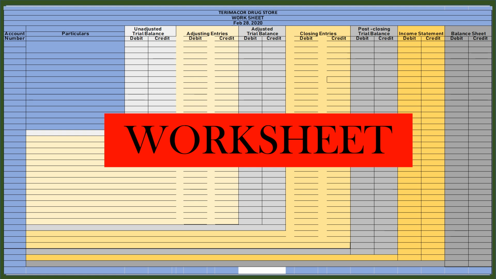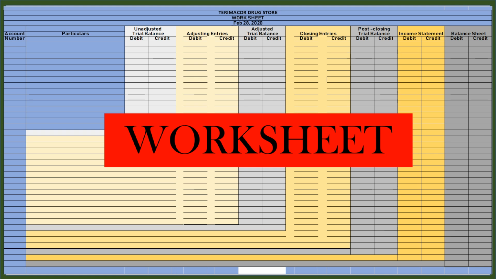A worksheet is a sheet that is used in making preliminary plans, auxiliary computations, notes, or comments as a guide in doing some piece of work. In accounting, it is a working paper used by an accountant to assemble figures for financial statements of a business.